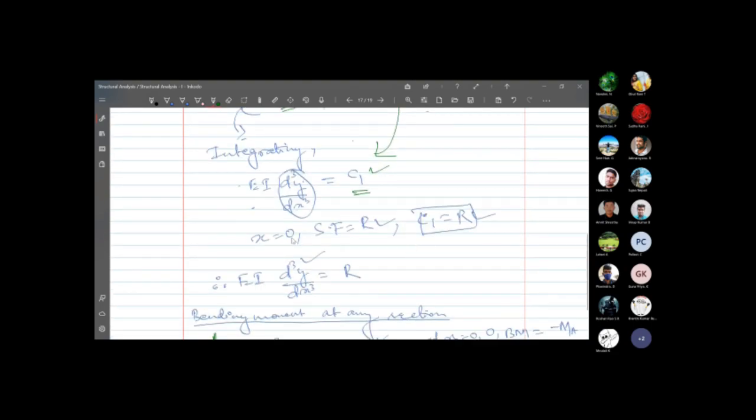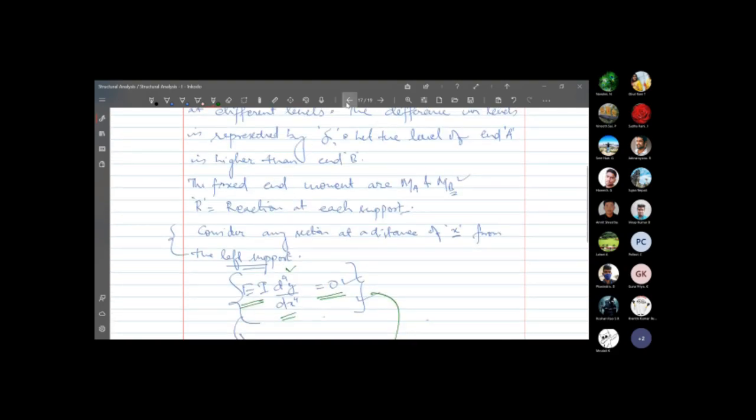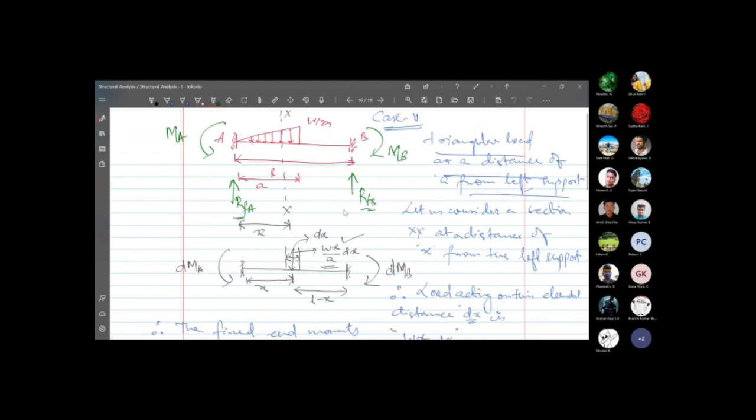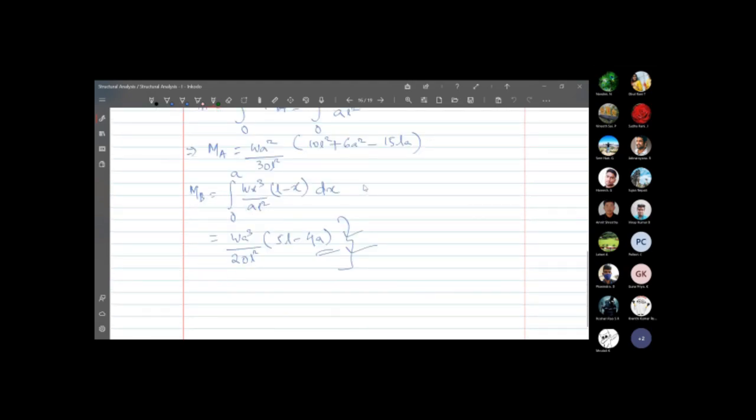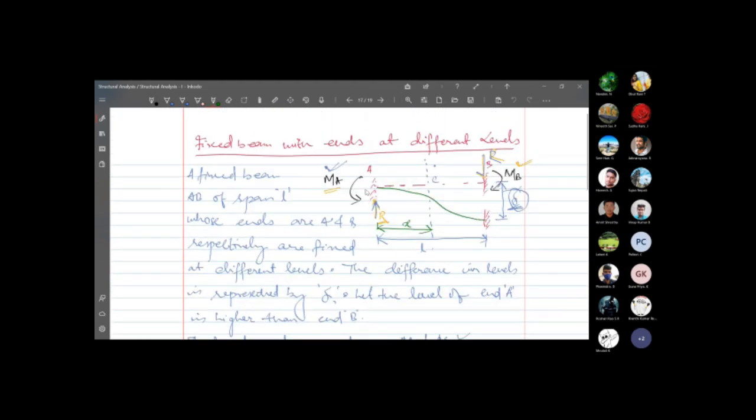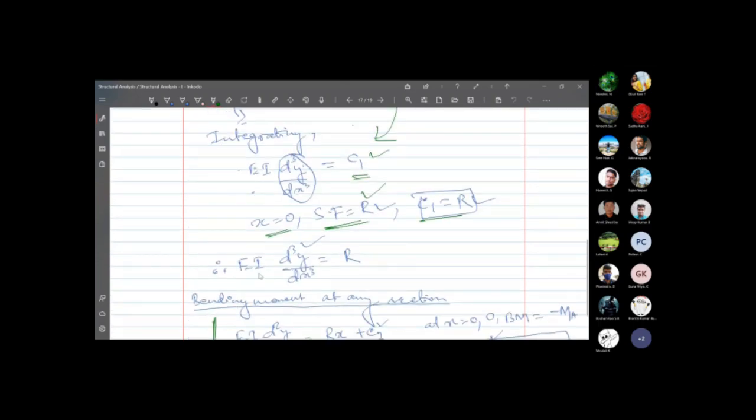Now at x equals 0, the shear force is R. Here you can see the shear force at x equals 0, that is R. So if the shear force is R, then the constant C1 will be R.